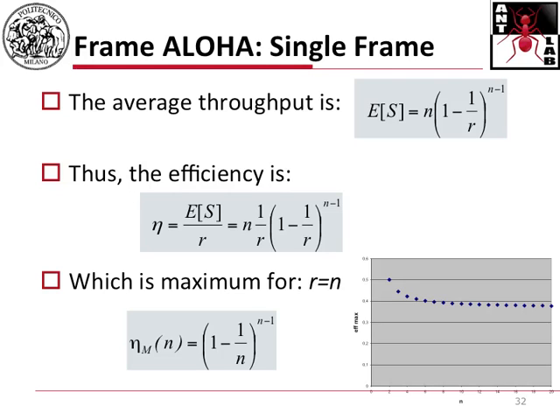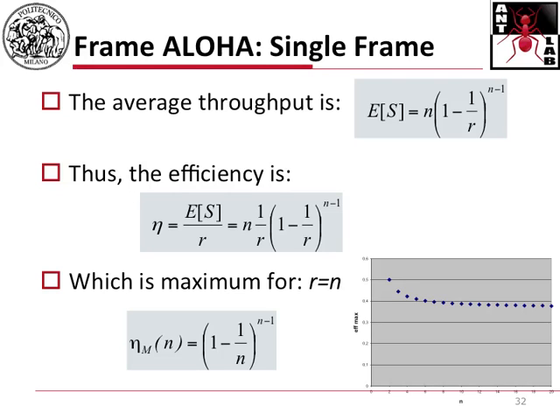It's the probability that this tag is choosing slot 1, right? Which is 1 over R. That's the probability that this tag is actually transmitting here.